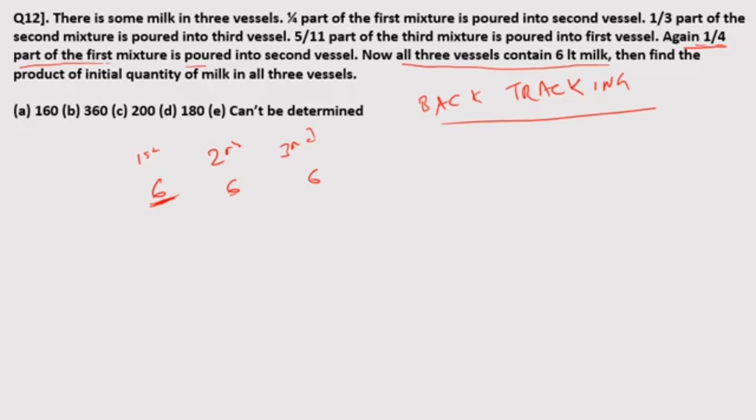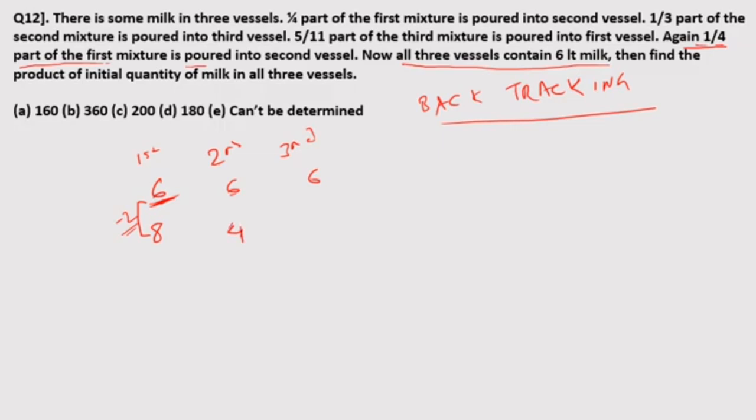So just before the last step it will be having 6 into 4/3, that is 8 liters. Now 8 to 6 it is reduced by 2, because these 2 liters are given to the second vessel, so this must be having 4 before the last step.